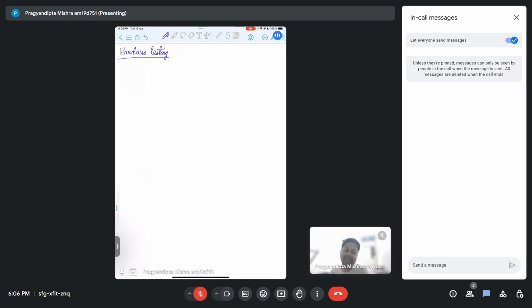So what exactly is hardness then? How can we say something is hard or something is not hard? What exactly constitutes hardness in a particular material behavior?